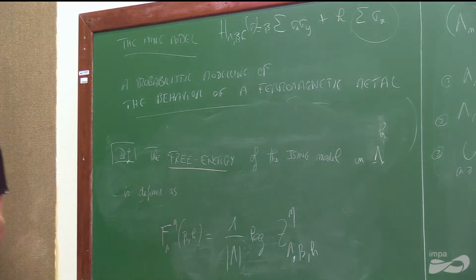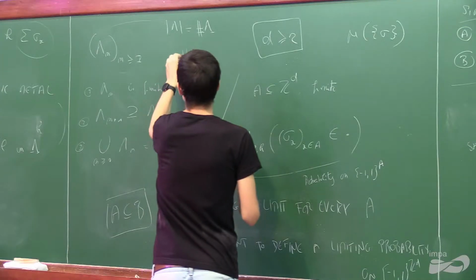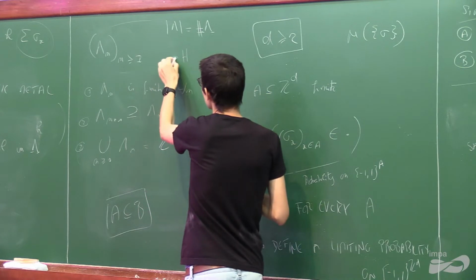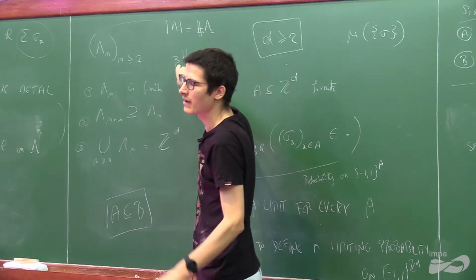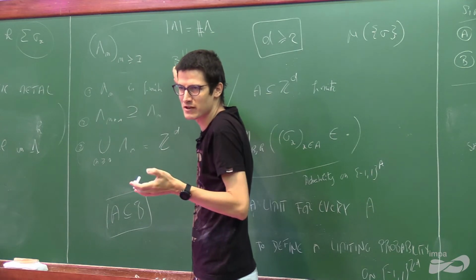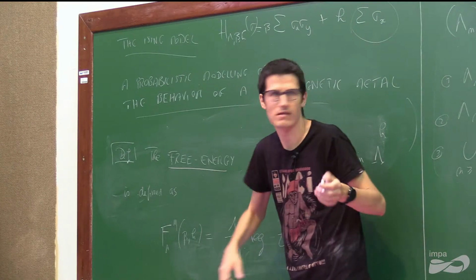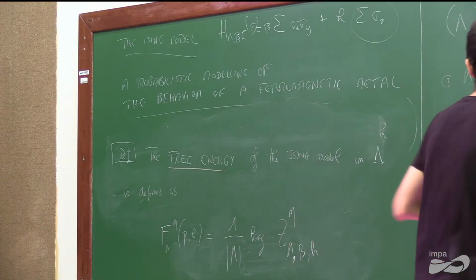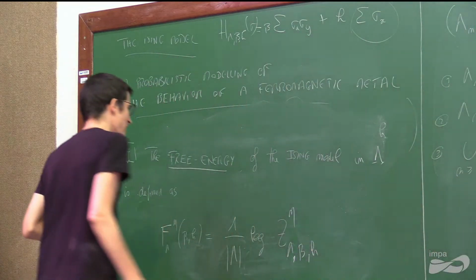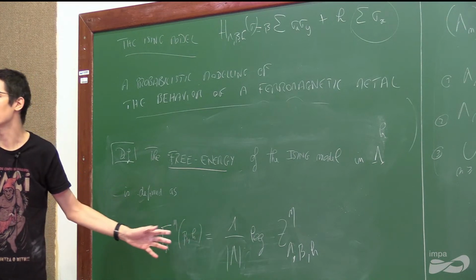Beta is the inverse temperature. H is an energy, so beta has to be homogeneous to the inverse of an energy. So if you want something which looks like an energy, you have to put 1 over beta here. The right way to call this would be pressure. Most people call it free energy.